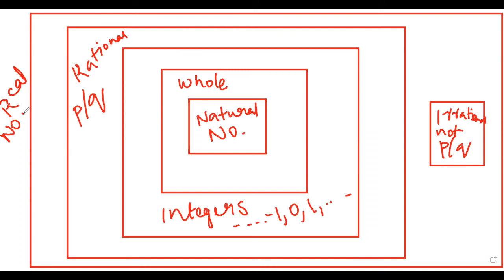So I hope you got clear, or you got revised, of all your previous knowledge. Now we are going to discuss something interesting. We are going to have a proof. And what is a proof? We are going to prove that root 2 is irrational. Why?